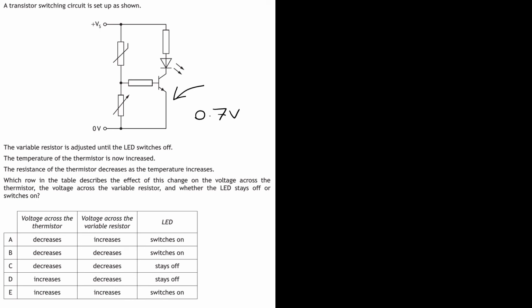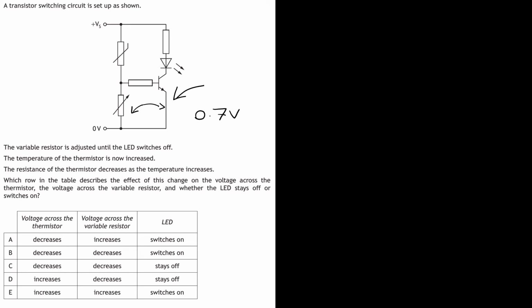So if the value of the voltage across R2 here is too small, the value across the transistor will be too small as well, because these two are in parallel with each other. So whatever the voltage across R2 is, it's the same as the voltage across the transistor. If this voltage is 0 volts, this voltage is going to be 0 volts as well.